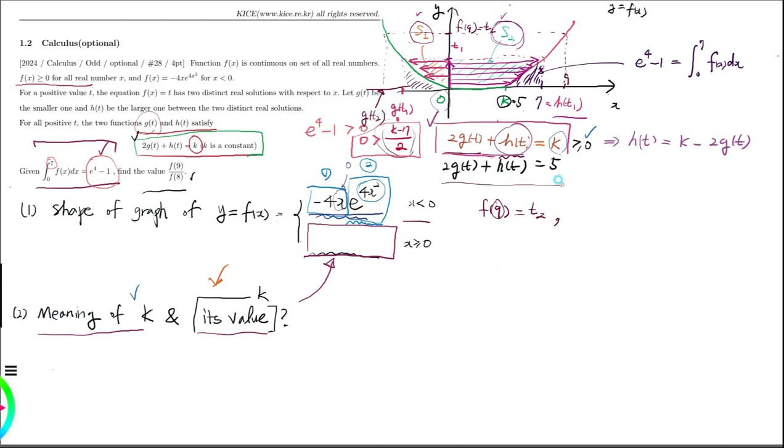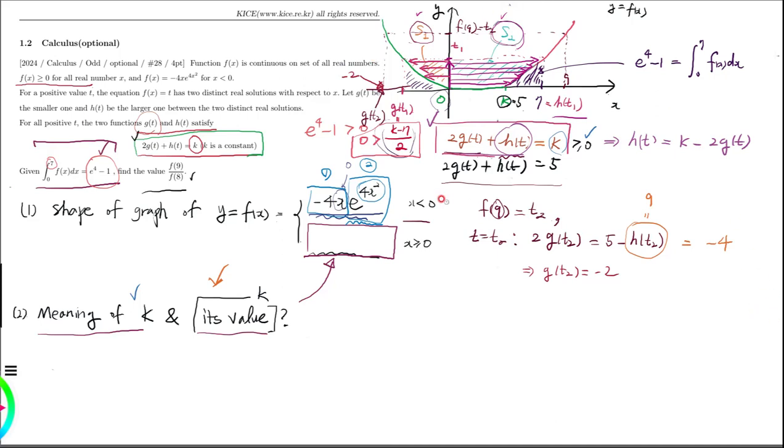So from the relationship here, when t equals t2, 2 times g of t2 equals 5 minus h of t2. And then we know from the inverse relationship here, h of t2 is 9. So the right hand side is negative 4, and it will give you g of t2 is negative 2 here.